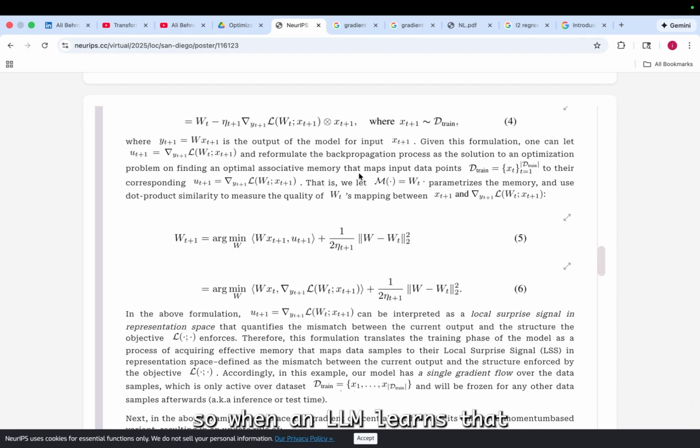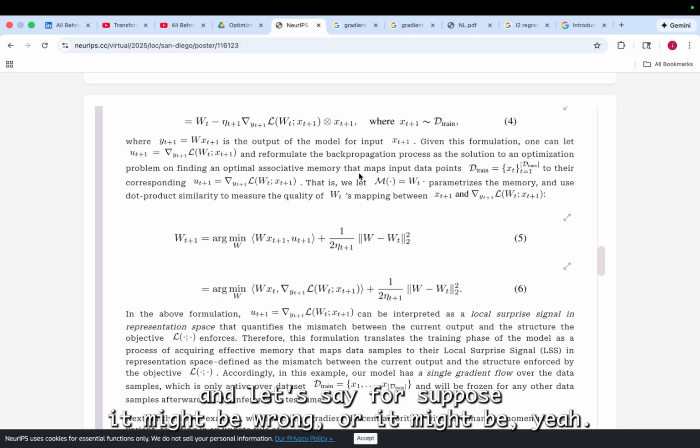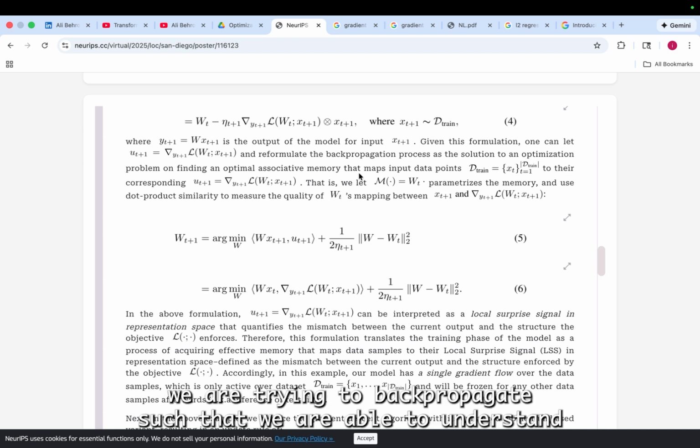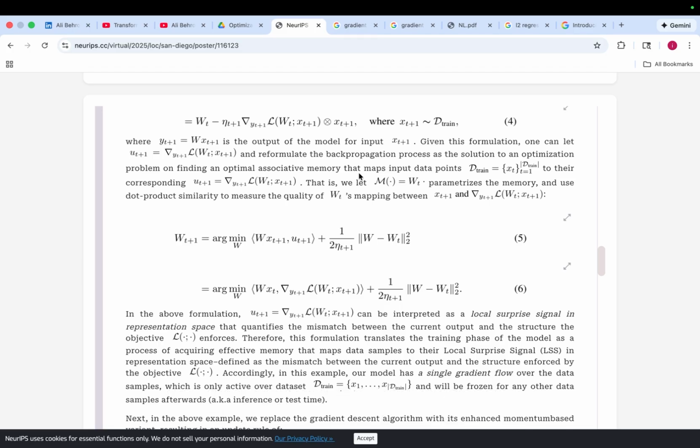So when an LLM learns that a given input has one key and one other value, and let's say for suppose it might be wrong, or it might be incorrect, when we are trying to find the optimal values, we are trying to backpropagate such that we are able to understand the mapping itself better.